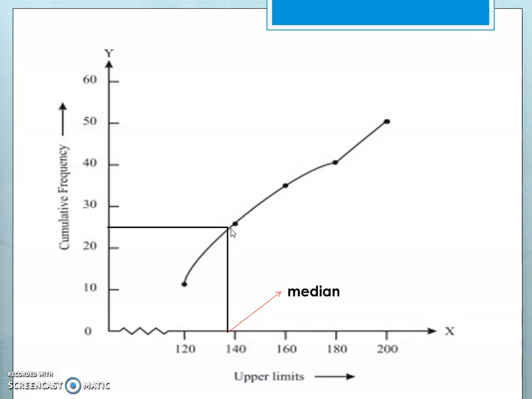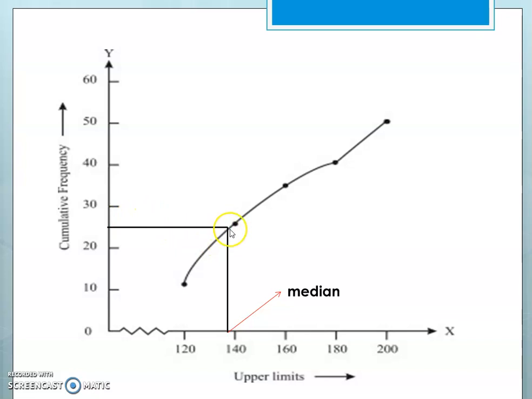The method is, you will first find n by 2. Here my n is 50 because we are talking about 50 workers. So if n is 50, then n by 2 is 25. From this point n by 2, 25 in the cumulative frequency, you will draw a straight line parallel to the x-axis.